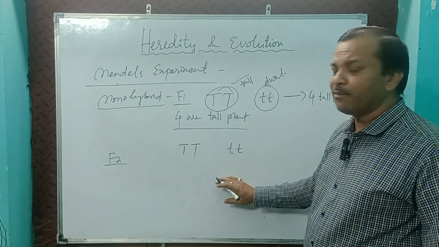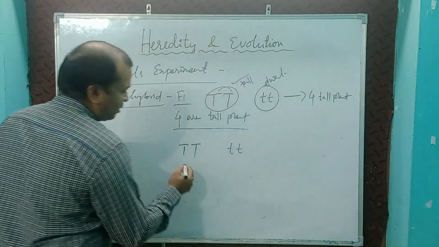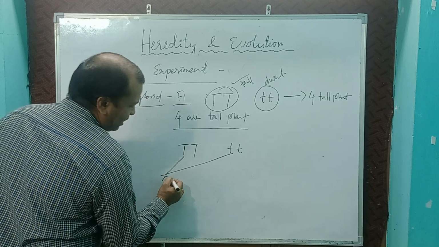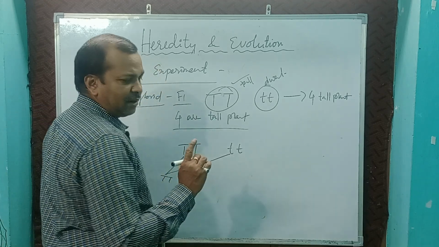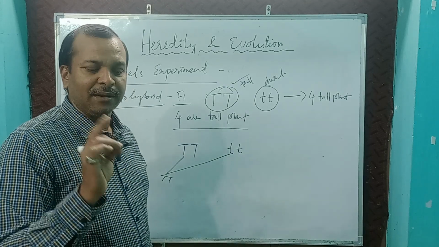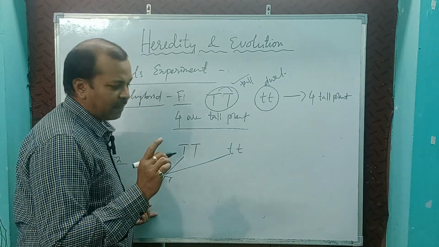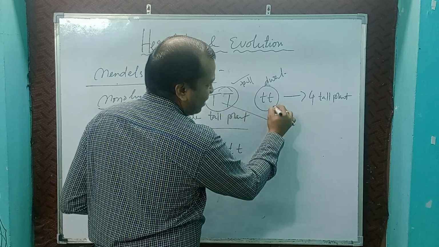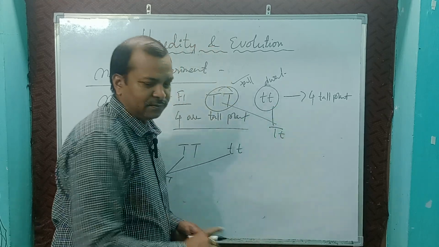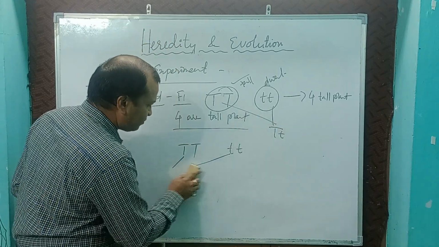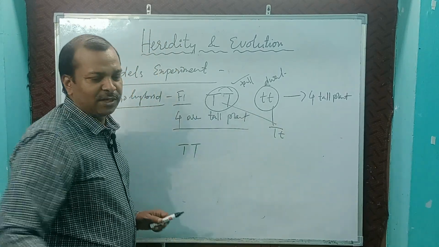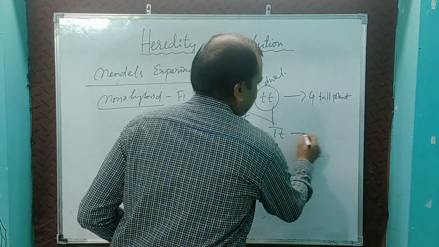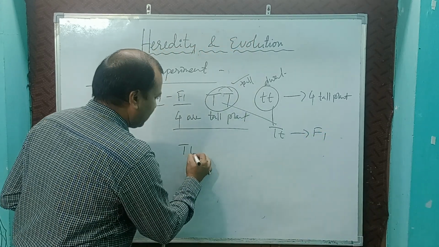In F2 progeny, what he did is that he took Tt and Tt. This is very important. Remember this. This is F1 progeny, Tt and Tt.